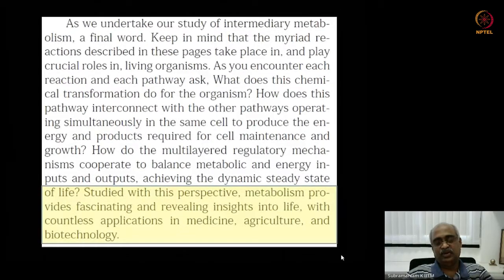So while the synthetic direction of that particular step is allowed because it is catalyzed by a different enzyme which is not inhibited, the breakdown direction of that step, catalyzed by a different enzyme, is subject to inhibition. That kind of regulation is what we call reciprocal regulation. So is that clear?